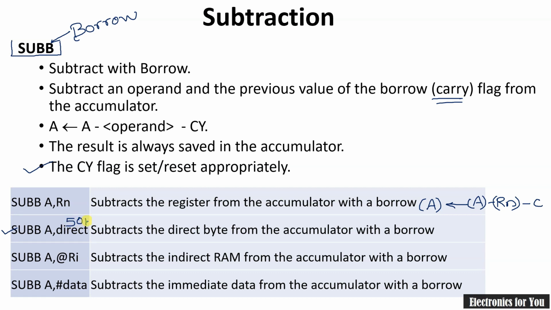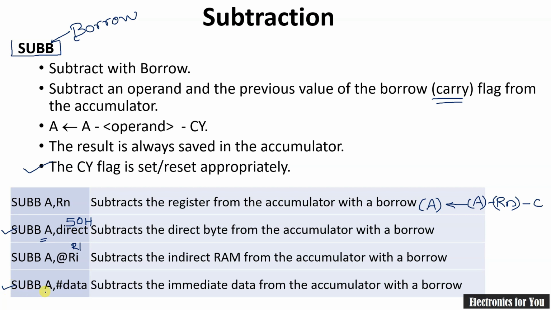It means the content of the accumulator minus 50H minus the carry flag, and the result will be stored into the accumulator. Similarly, SUBB A, @R0 or @R1 may be there. Let us say it is R1. So the content at the address indicated by Ri, A minus Ri minus carry flag, and the result is stored into the accumulator.